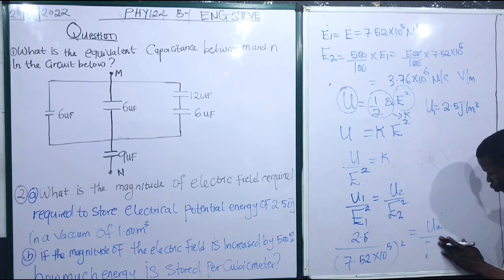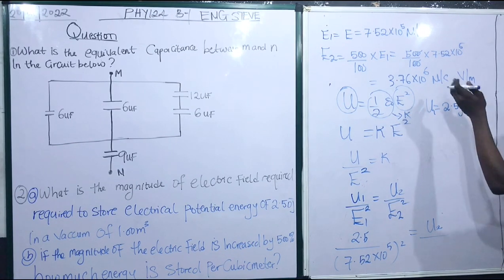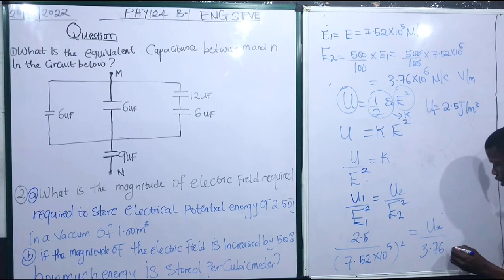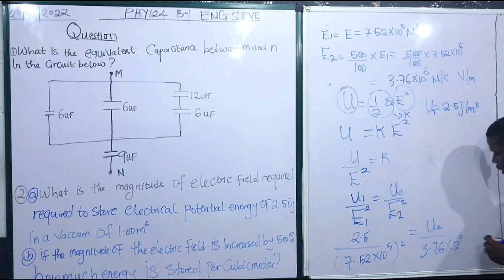What is our E2? 3.76 times 10 raised to power 6.